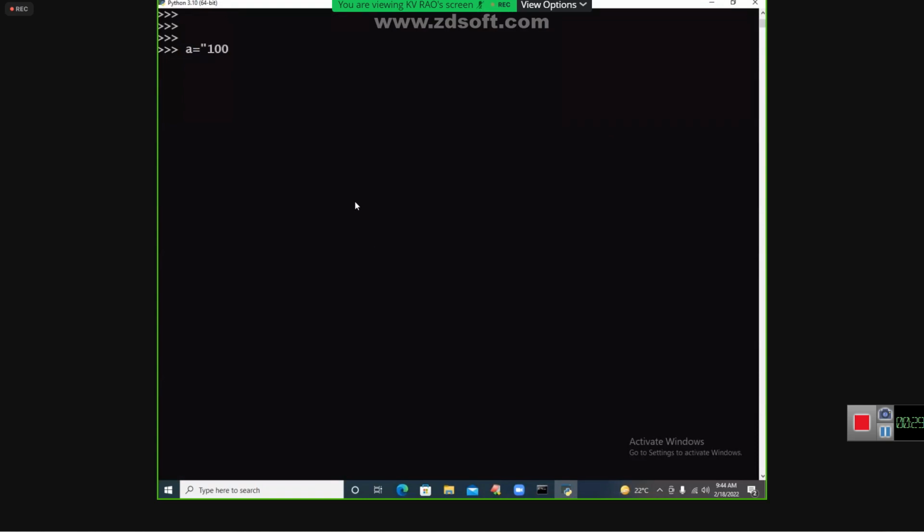Now see, my dear students, 100. What is this 100? It is a numeric string. I say a is equal to 100. I will write a comment: it is an int string, int str.